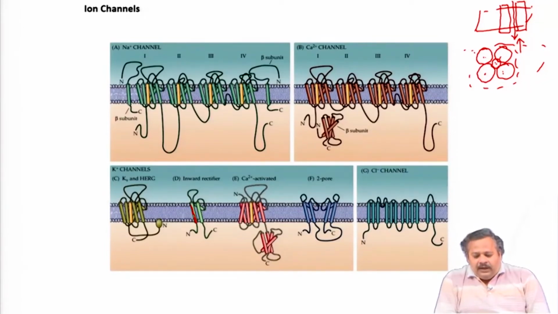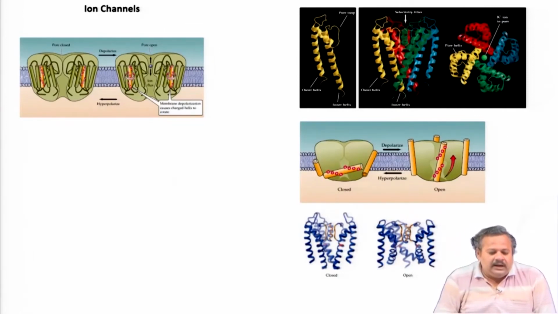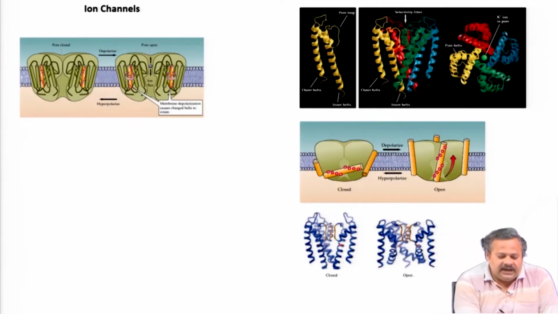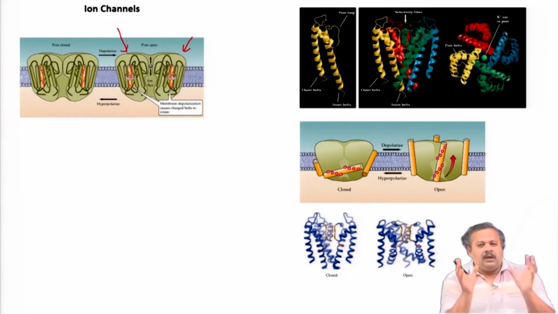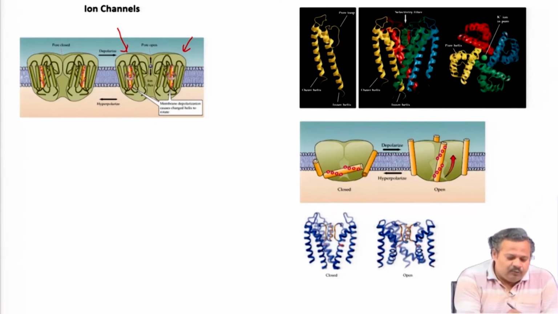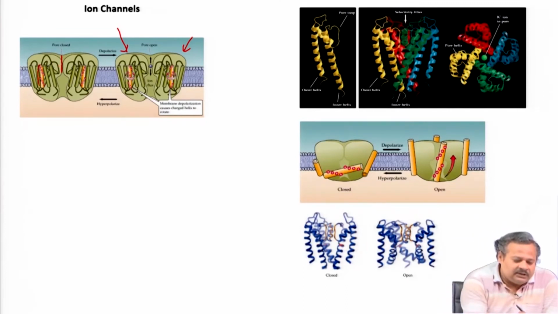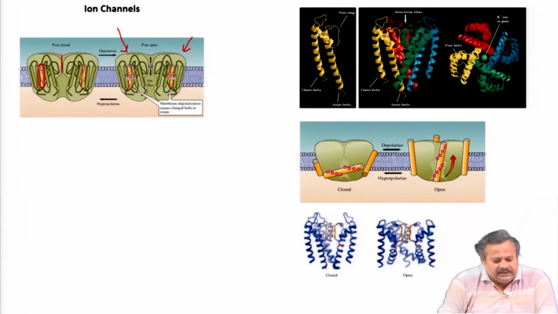If we go into a little more detail from earlier work, there were a number of hypotheses in terms of how the gating of the ion channels occurs. Looking at the cross section, with just some of the subunits shown here, you have this pore, which is closed in one particular conformation, and there is a charged helix, a part of the protein, that, depending on the voltage, can rotate.